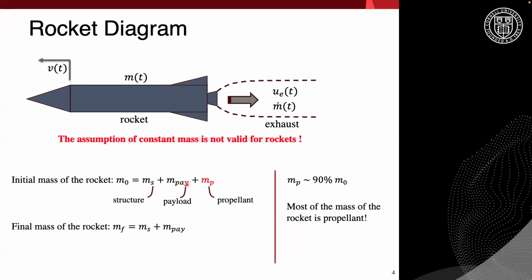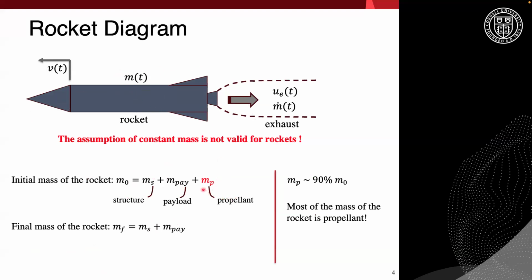For example, we can want to send a spacecraft or a satellite or even humans. And then there is the mass of the propellant that is being burned and that is expelled to create the thrust that will push the rocket forward. And after all this propellant is consumed, the final mass is equal to ms plus m payload, which is the structure and the payload only.